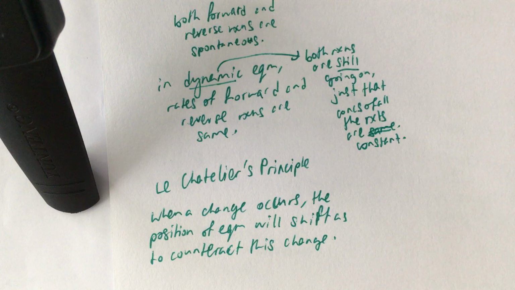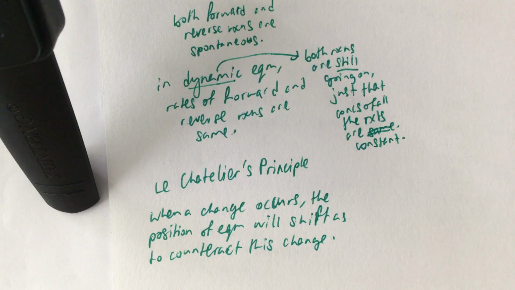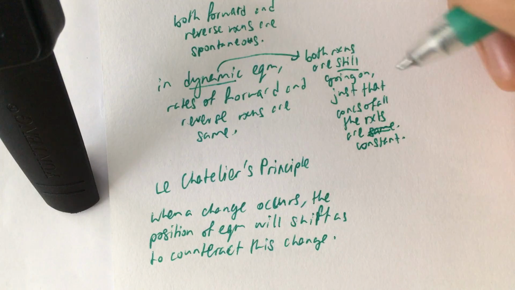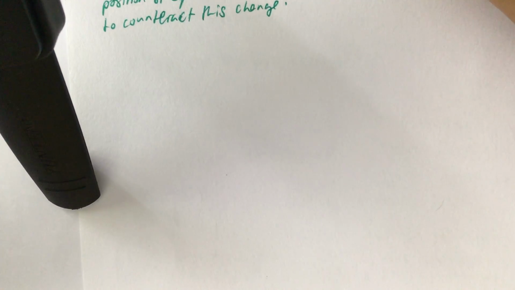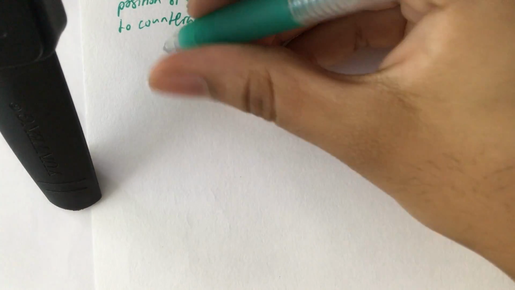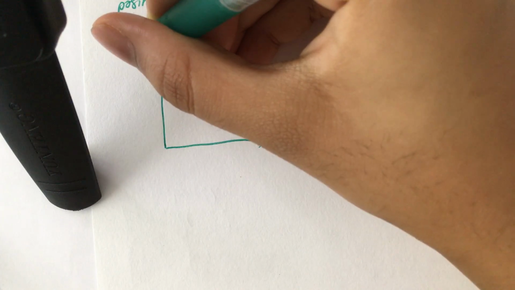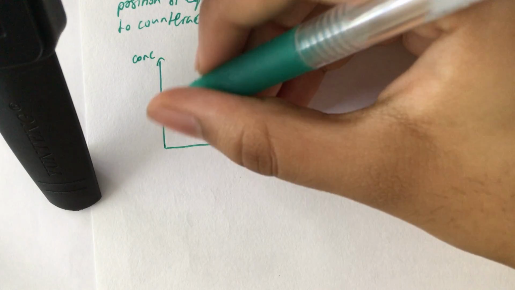If you first draw the rates normally, at initial conditions the forward and reverse reactions have certain rates, and after a certain time, at equilibrium, the rates converge into one single line. This is what we're going to use to describe the effects of Le Chatelier's principle, and see what happens when you change certain conditions.